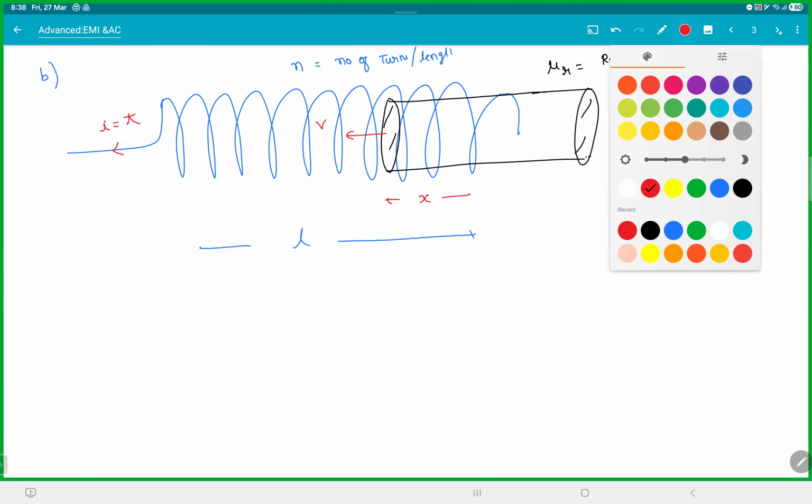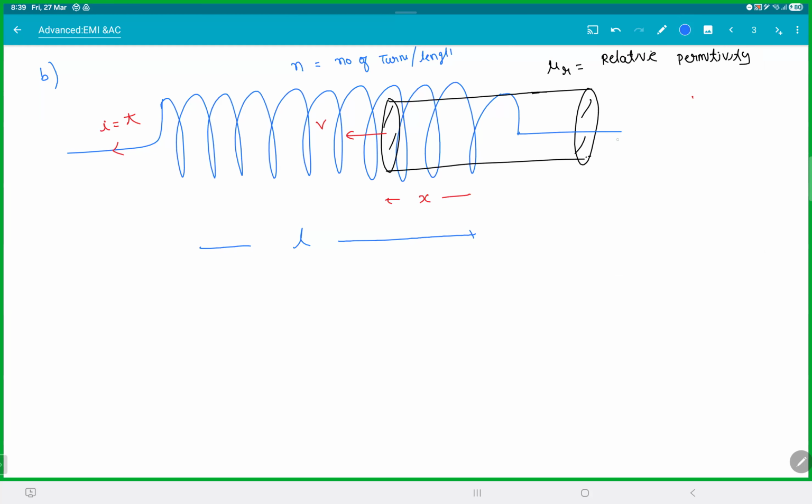Find the back EMF as a function of time t, or at t equal to 1 second. Find the EMF or the voltage across the inductor at time t. At t equal to 0, x is 0. So you're introducing a metallic rod into the inductor.